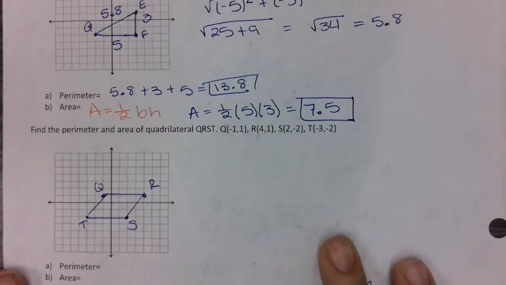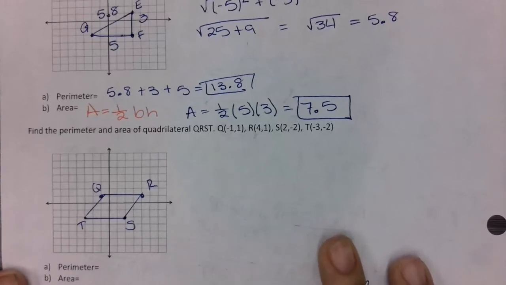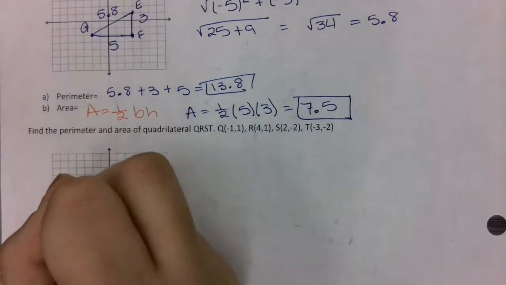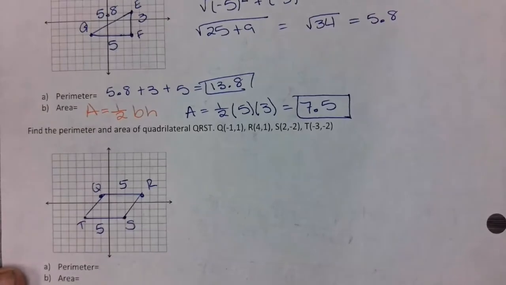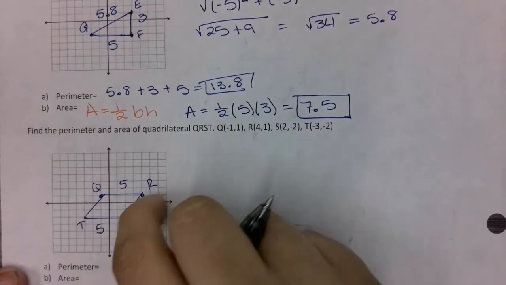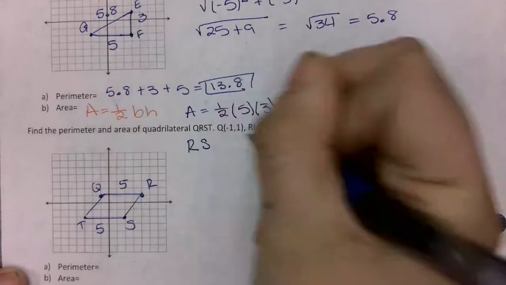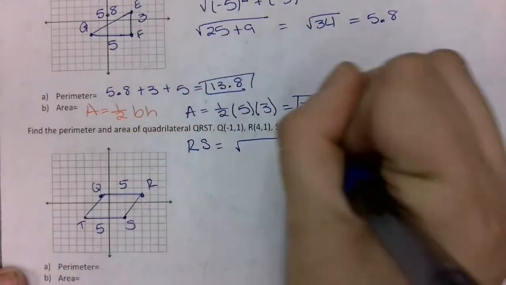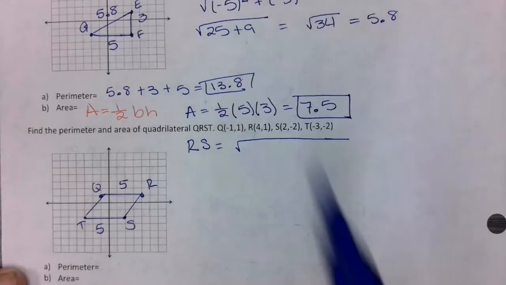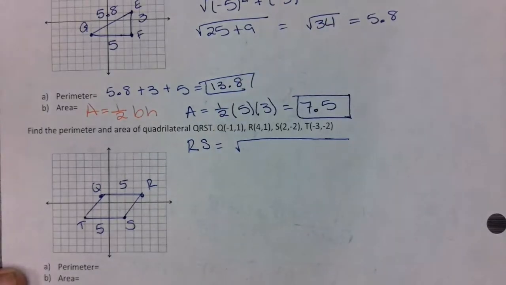I can count the QR and TS. Five. Then I need to find the length of RS.